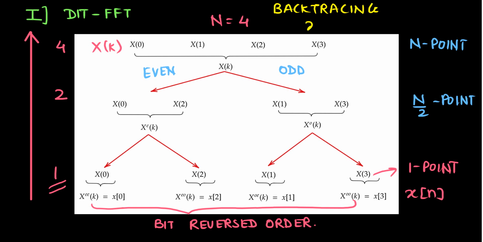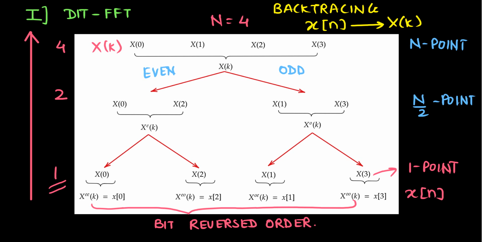So that we are able to get the value of X of k from this x of n. And we had also seen how this back tracing is done in the previous lectures.